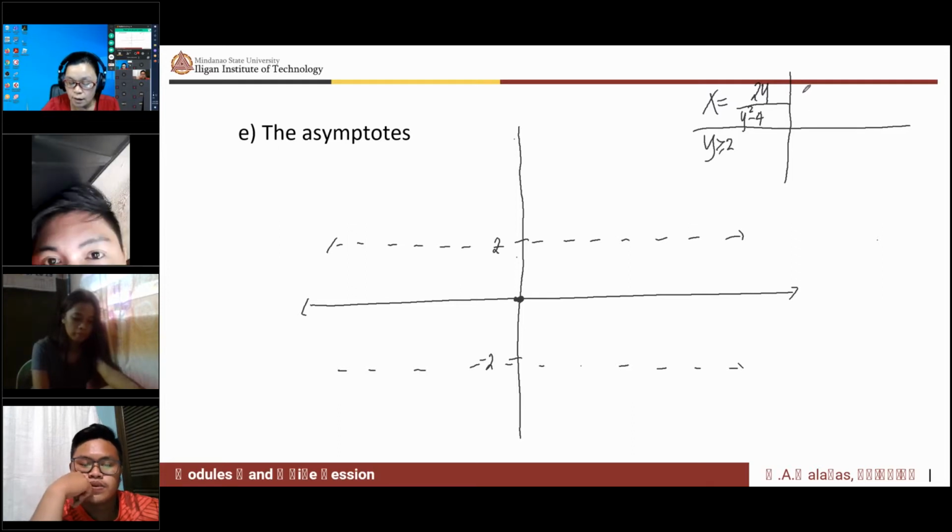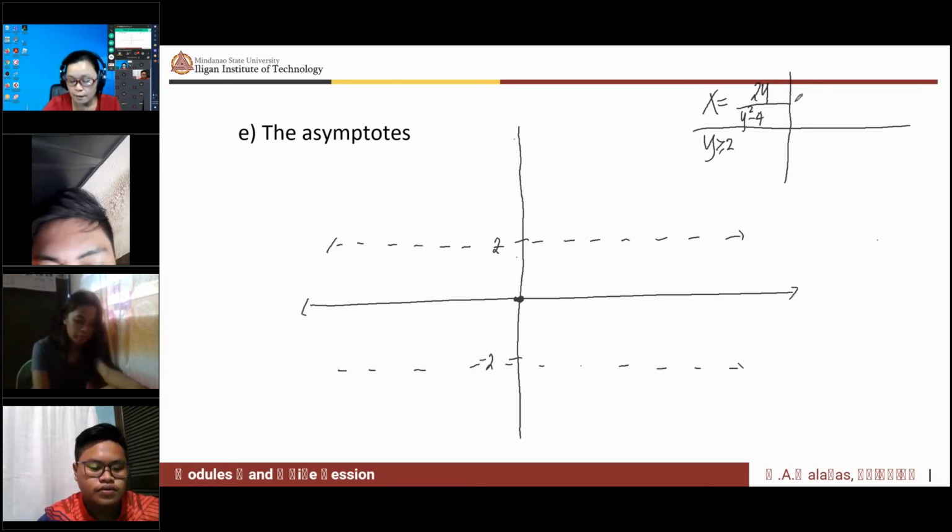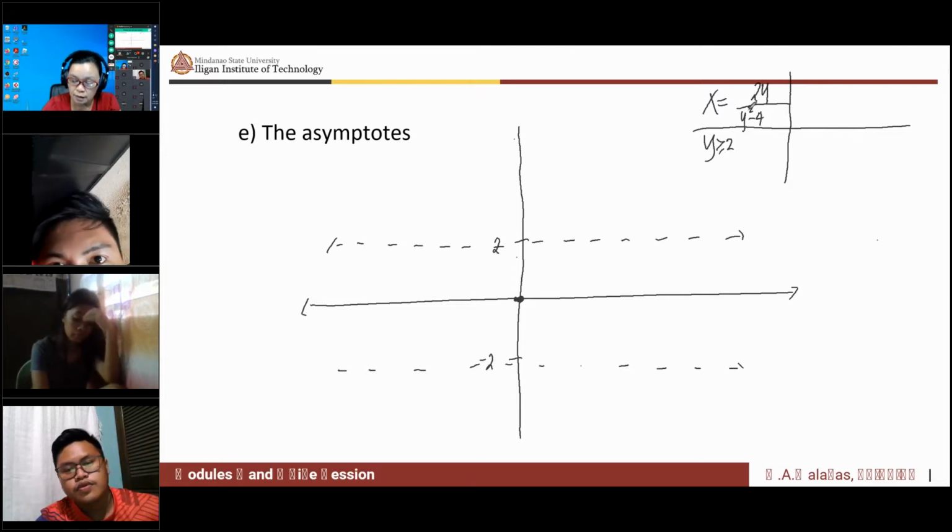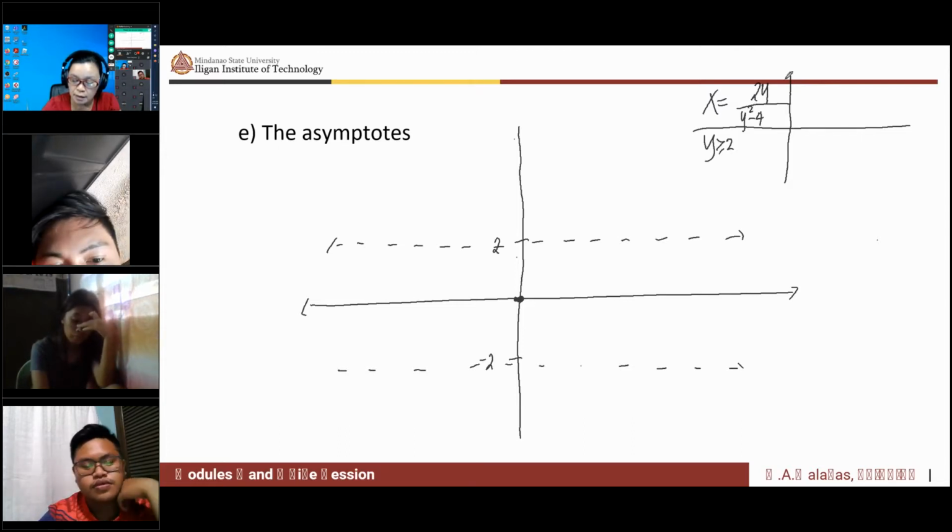So let's look at some values here. Think of y above 2. Let's say y is 3.